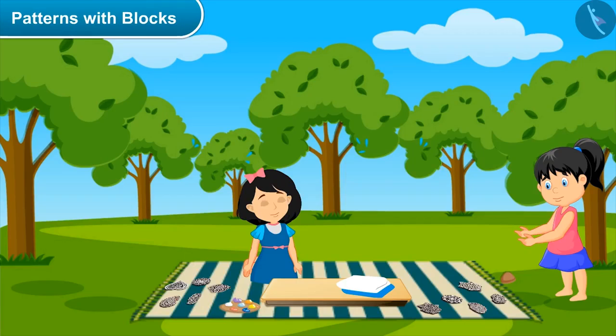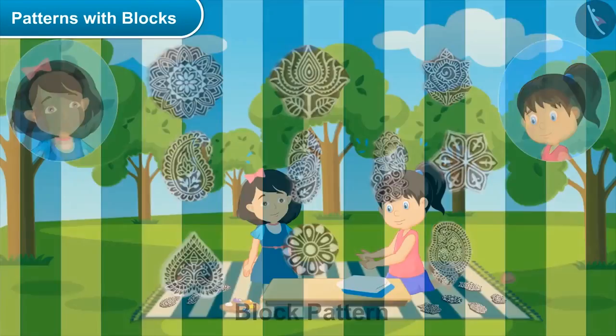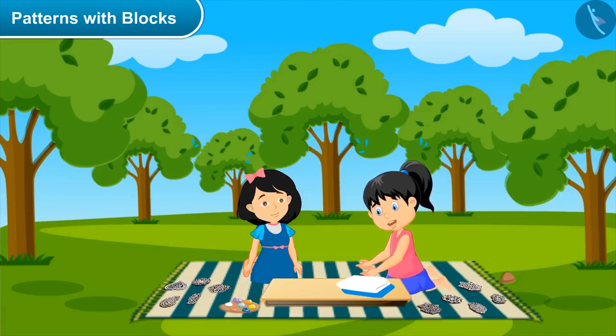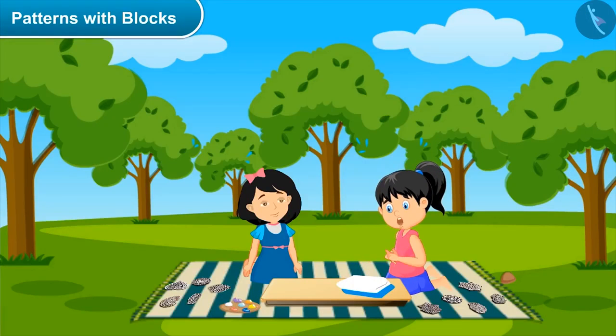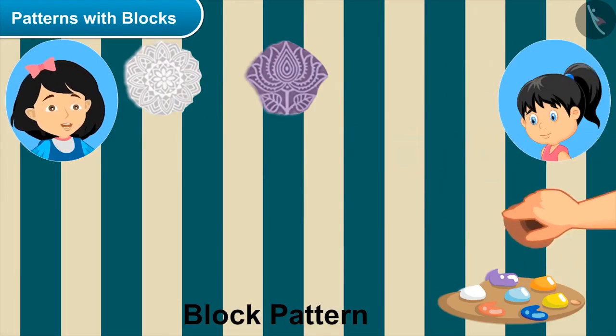Let's see what these two sisters are doing in the garden. Sister, here I come. What are you doing? Come Mishti, sit here. Look, today I'm trying to draw patterns from blocks. Sister, what is pattern making from blocks? Look, I have some blocks with designs made on it.